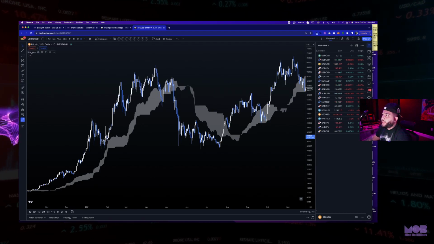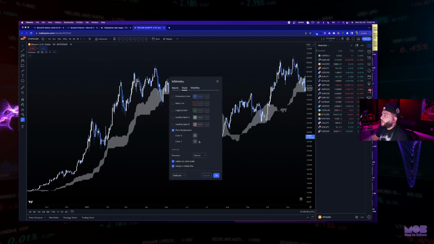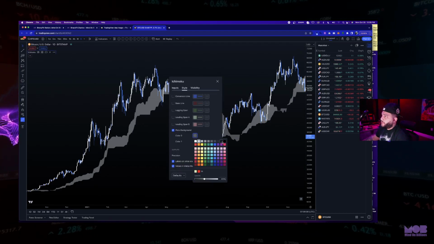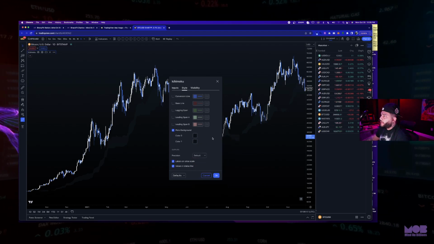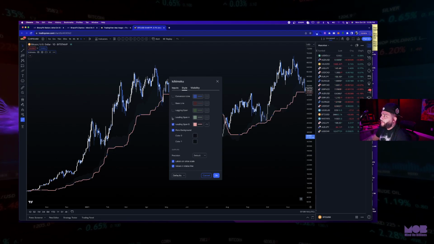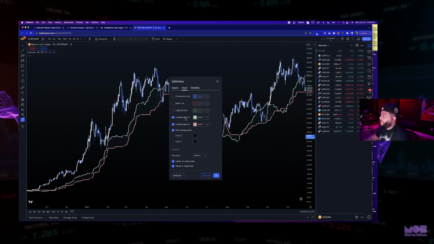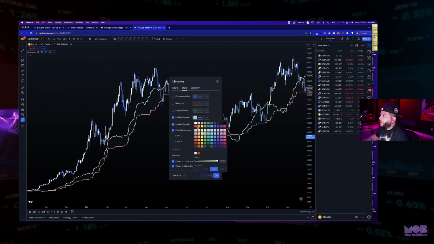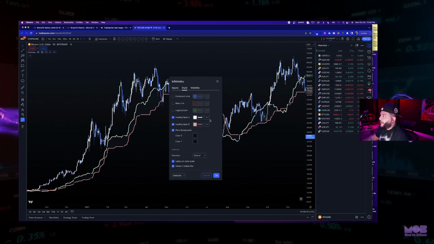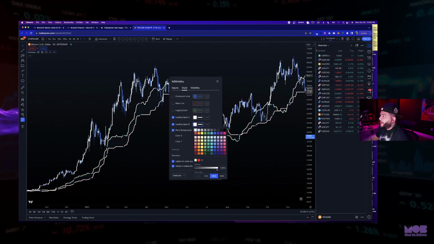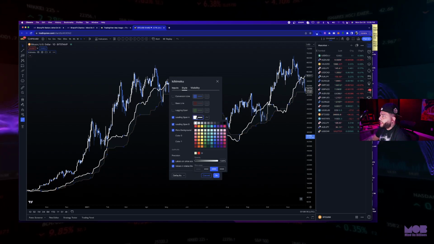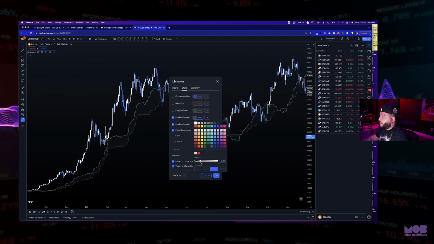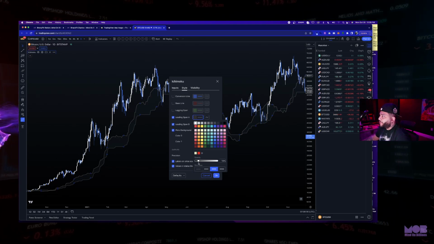Even with this, let's just say I make this kind of a lighter shade of black. And I do have the leading span A and B lines, but I make them a little faint. I could do that. Something light, 14%. Whatever's going to float your boat.